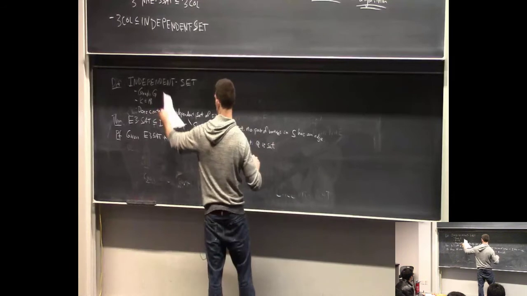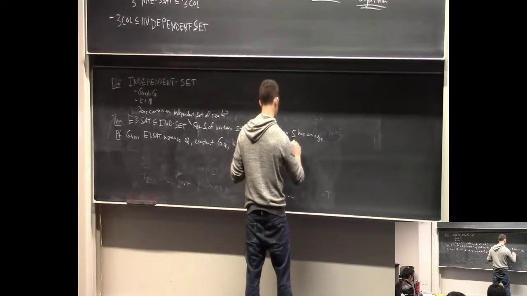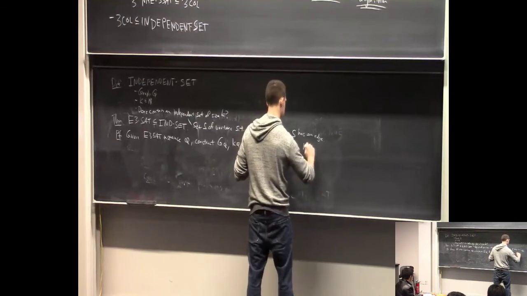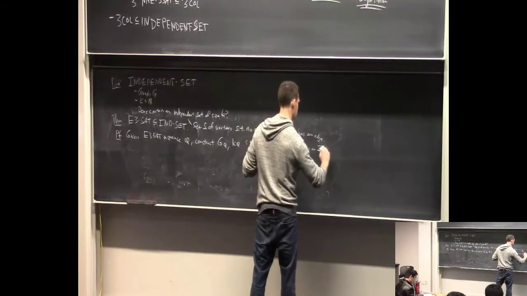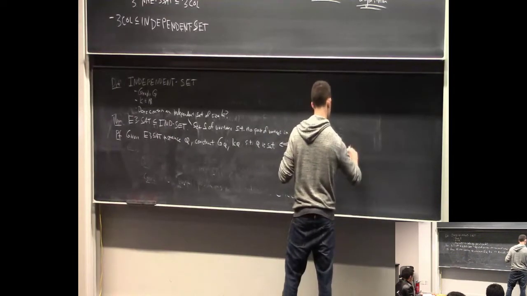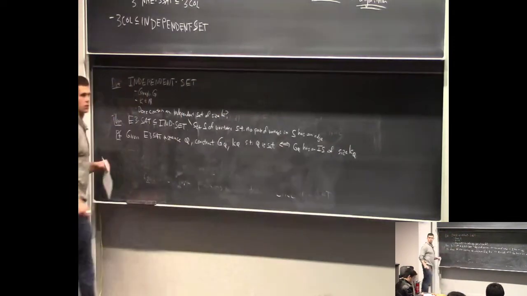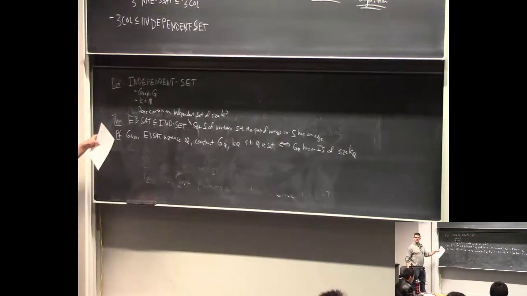Now we're back to 3-SAT. So in the regular way, if and only if G phi has an independent set of size K phi. This is the goal. Make sense?